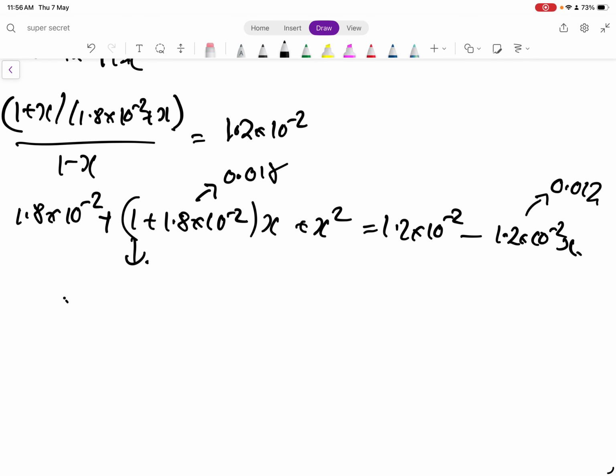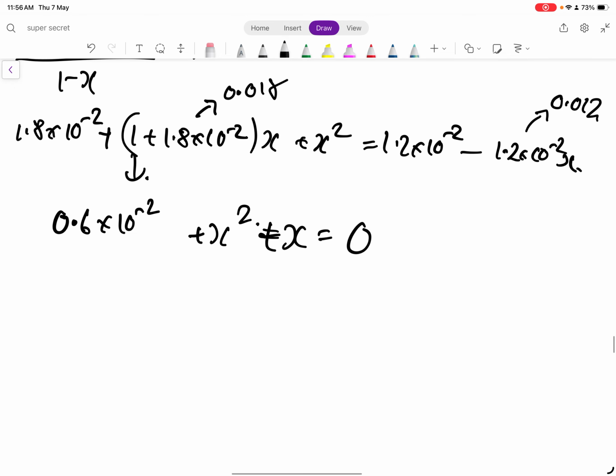So we have 0.6 into 10 power minus 2 plus X square plus X is equal to 0. So we have, oh wait, this is some nonsense.